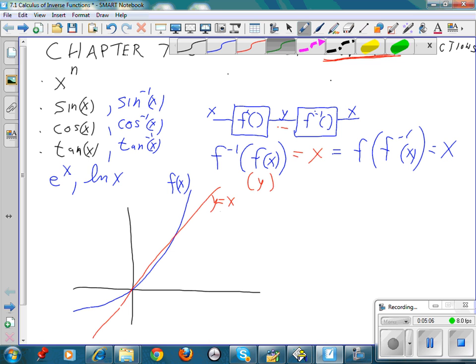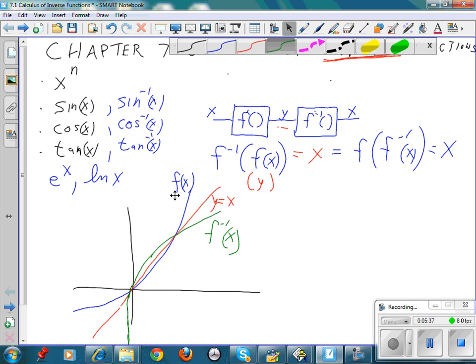So let me try to draw a reflection around that line. Then this would be the inverse function. So graphically, you see that a function and its inverse have to be symmetric about the line y equals x.